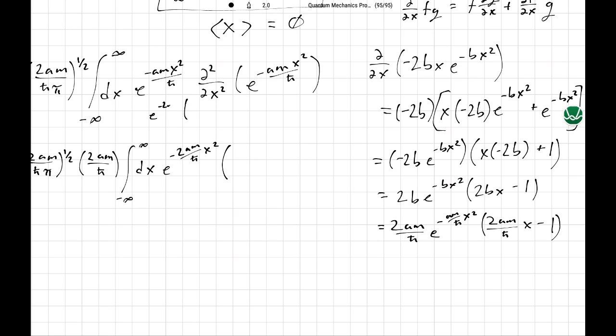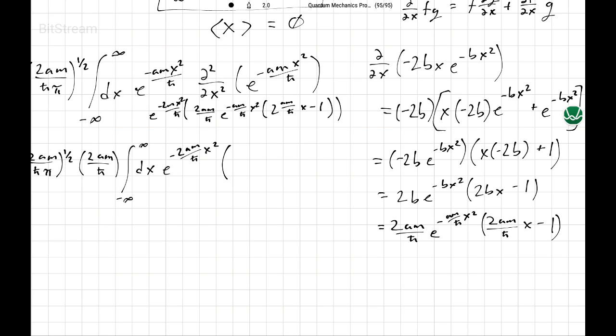So we got this guy multiplied by all of this, x minus 1. There we go. Okay, so that means that I pull all that stuff out. We got this out front.